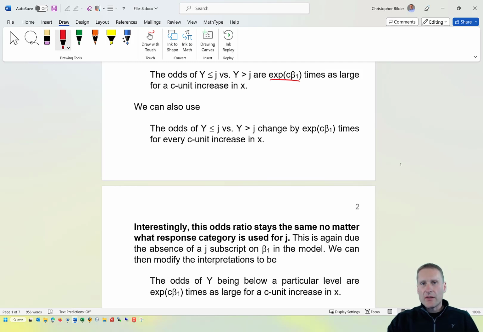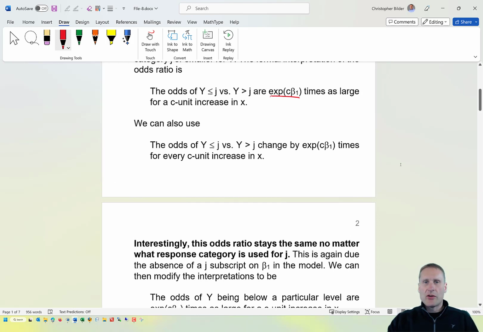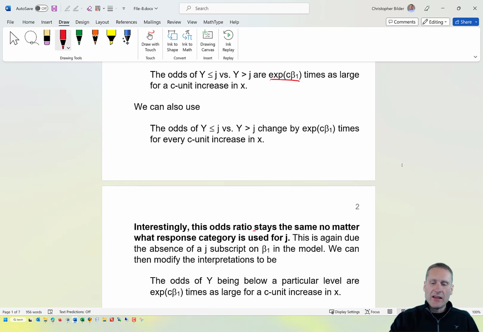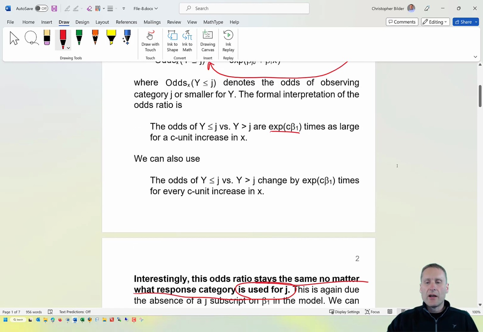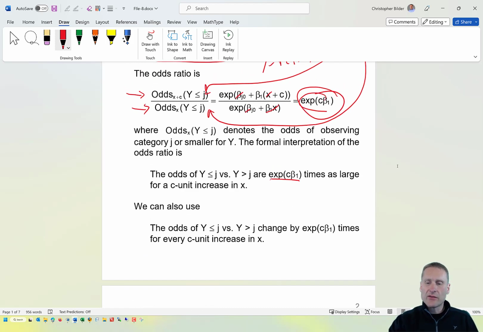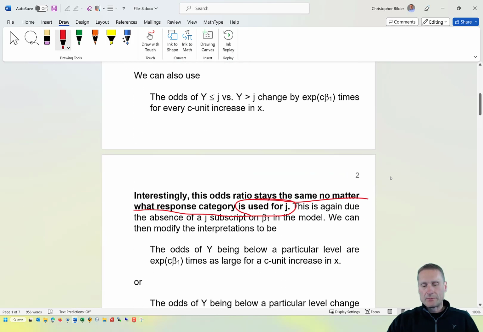Now what's interesting about this odds ratio is that it stays the same no matter what response category is used for j, because notice in this odds ratio, you don't see j at all. This corresponds to what we were talking about earlier when the proportional odds regression model was first introduced.